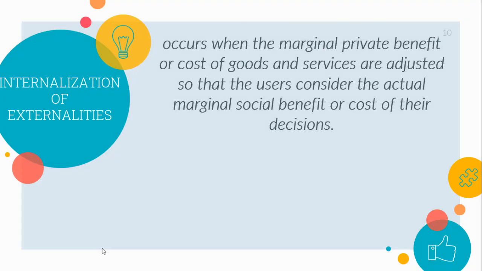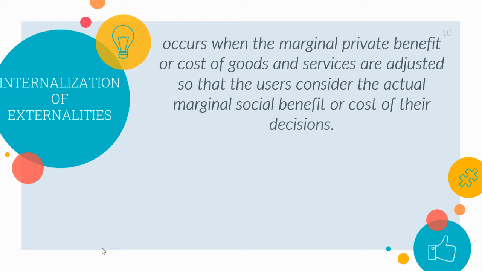Let's discuss the internalization of externalities. Internalization of an externality occurs when the marginal private benefit or cost of goods and services are adjusted so that the users consider the actual marginal social benefit or cost of their decisions. So in this case of a negative externality, the marginal external cost is added to marginal private cost for internalization.